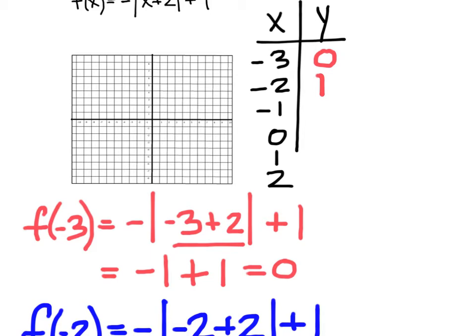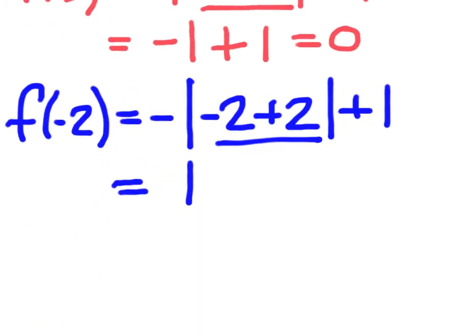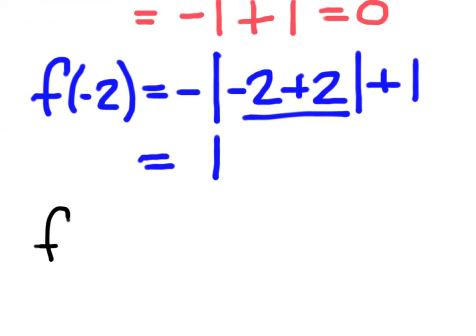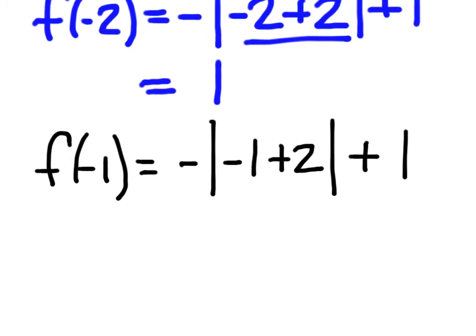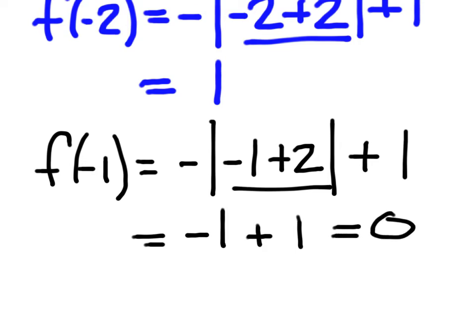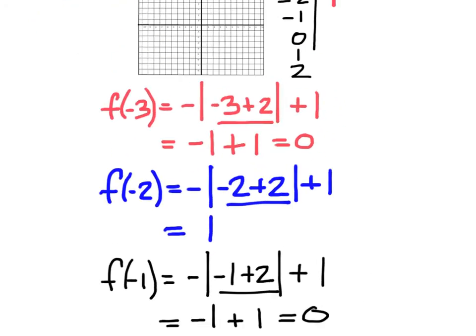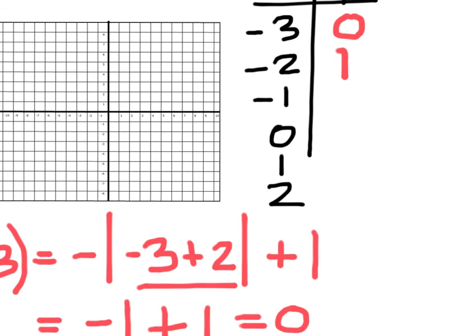I'll put in a negative 1 next. So f of negative 1 is negative absolute value of negative 1 plus 2. Close the absolute value and then plus 1. Negative 1 plus 2 is 1. Absolute value is 1. The negative sign outside makes it negative 1. So now I have negative 1 plus 1, which is 0. I plugged in negative 1 and came back with a 0.